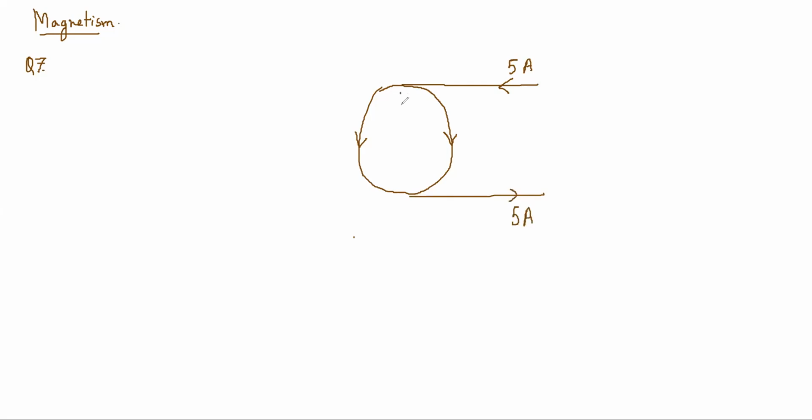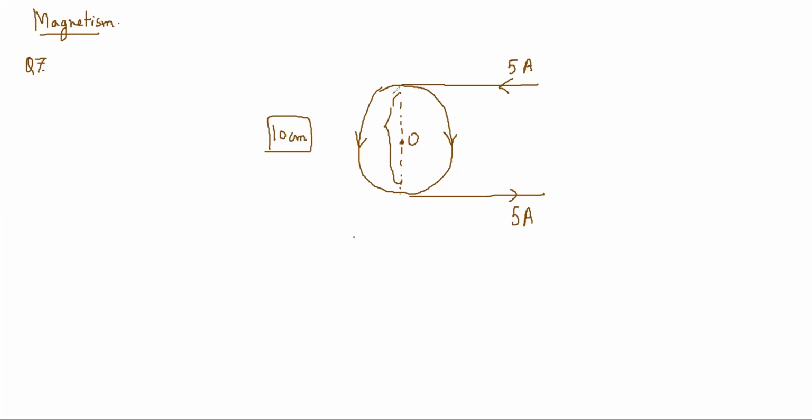And this is the center. Find the magnetic field at point O due to the given current distribution. The diameter of the loop is 10 centimeter, so this length is 10 centimeter.